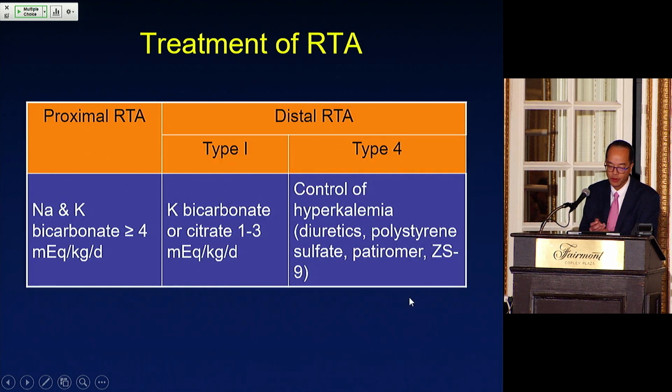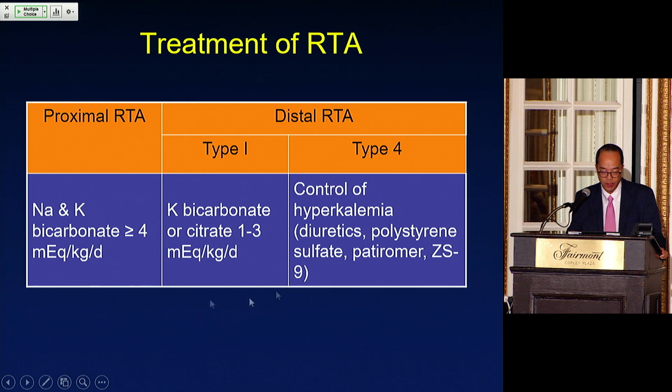In terms of treatment of RTAs, so type 1 and proximal RTA, the major treatment is to correct the acidosis. In adults, the major issue is concern over chronic bone loss and, in type 1 RTA, kidney stones. In children, failure to adequately correct acidosis is a big problem for their normal growth.